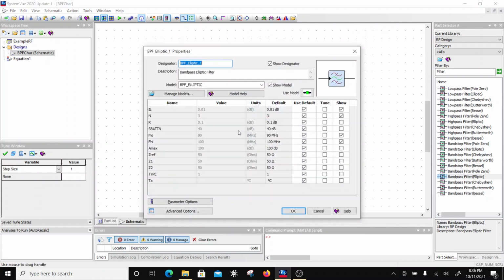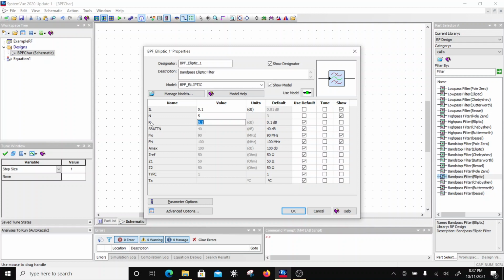Now if you look at its characteristics, you can specify them here. This is your insertion loss, let's say 0.1 dB, and the order of the filter is 5. I have covered how to design this kind of filter in another playlist, microwave and millimeter wave circuits using ADS, so you can refer to that playlist. But here it's a behavioral level model, or an equation based model.